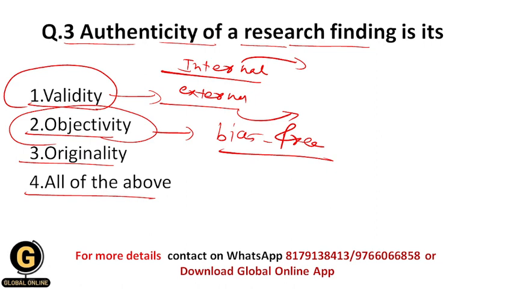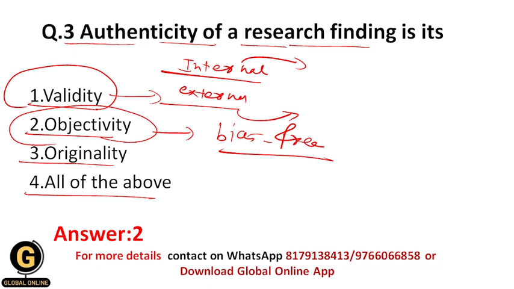Okay, and this is the authenticity of a research finding. Whenever you have objectivity in your research process, then ultimately you will include validity in it, and that's why validity is the concept which is under the concept of objectivity, and that's why authenticity of a research finding is its objectivity, and that's why the correct answer to this question is 2.